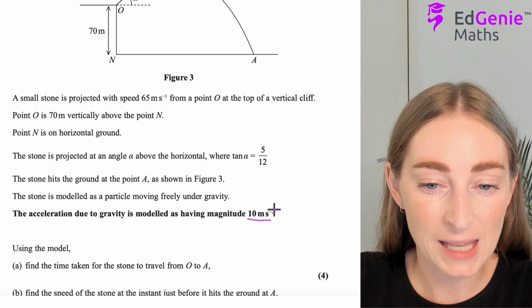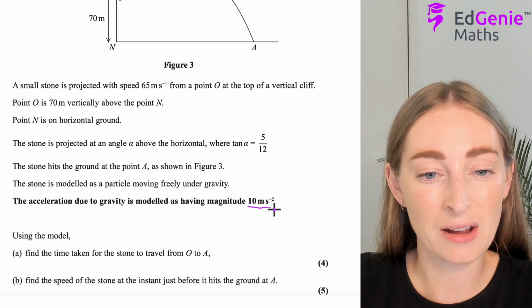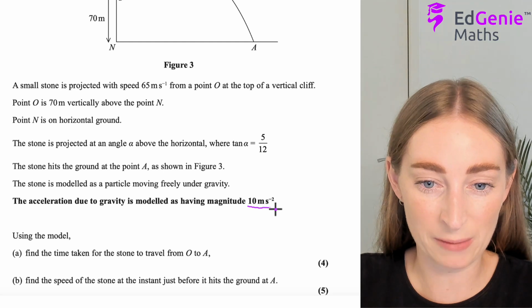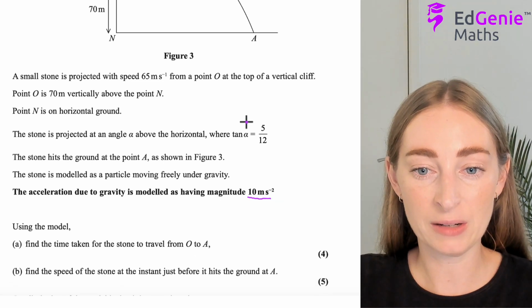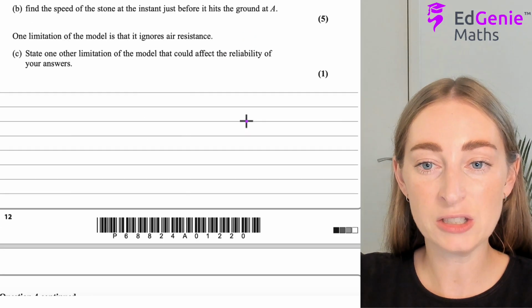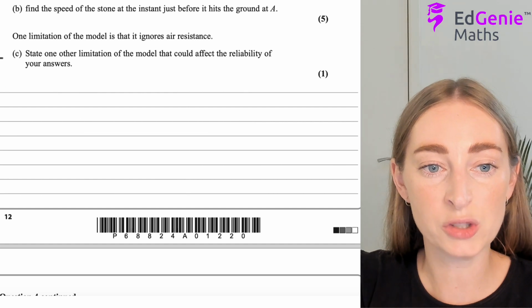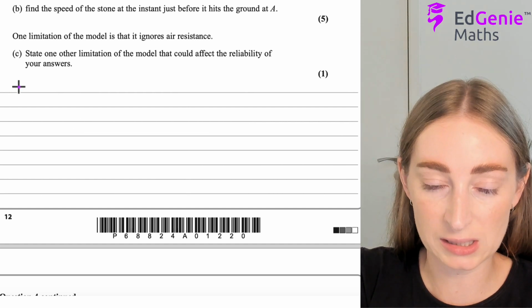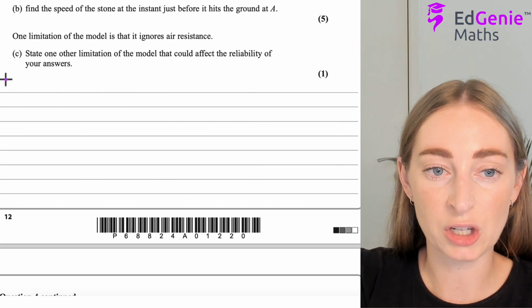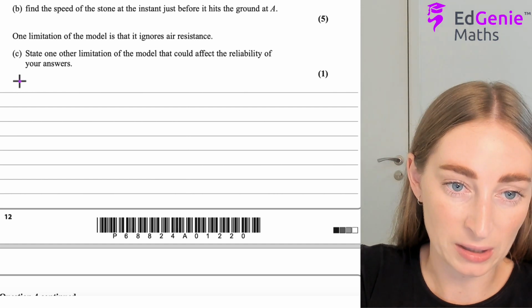So the question says, using the model, find the time taken for the stone to travel from O to A. So we're looking for the time. But what we're going to need to do first is write out our suvat in 2 different directions. So we've got one direction going up and down, one direction going left and right.